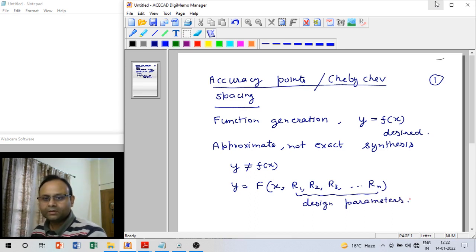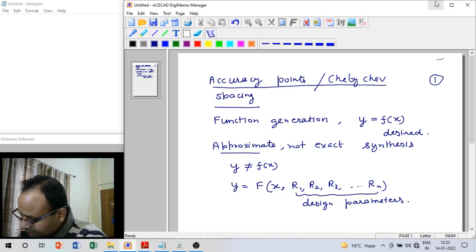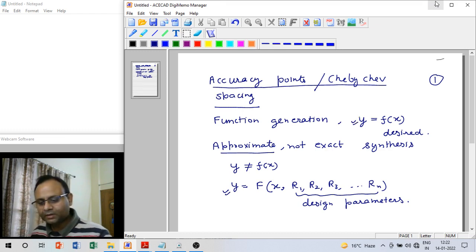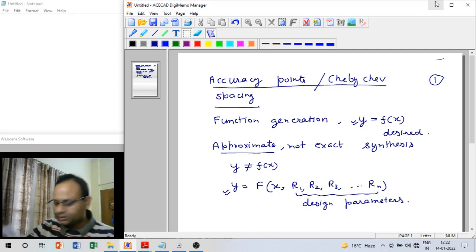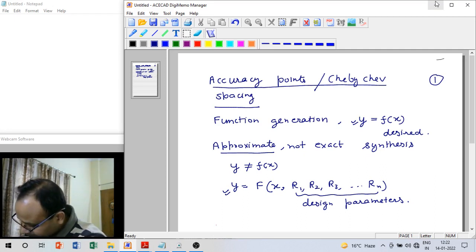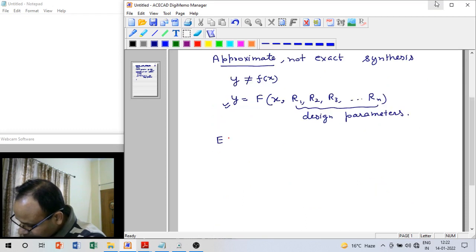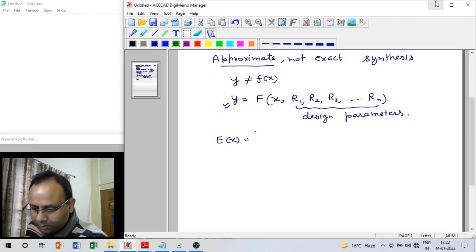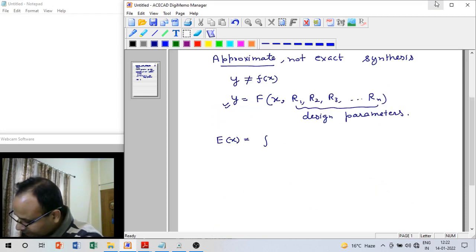Okay, so we have approximate synthesis, and what we are getting is not the same as what is desired. So there is an error, and that error is called structural error. We write this as what we wanted, f(x), minus what we got.